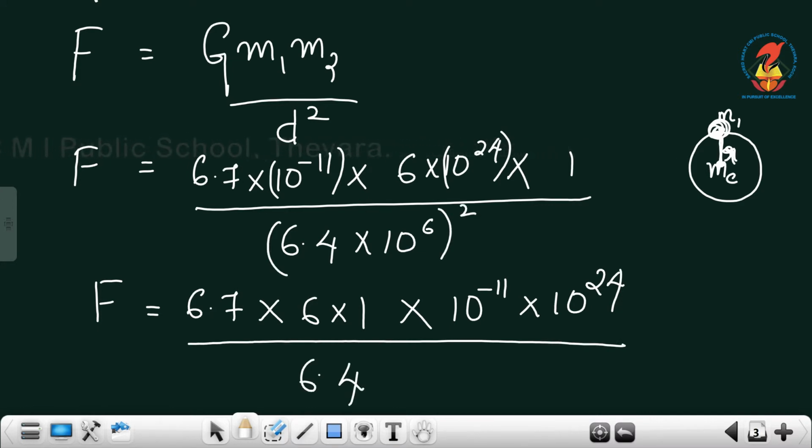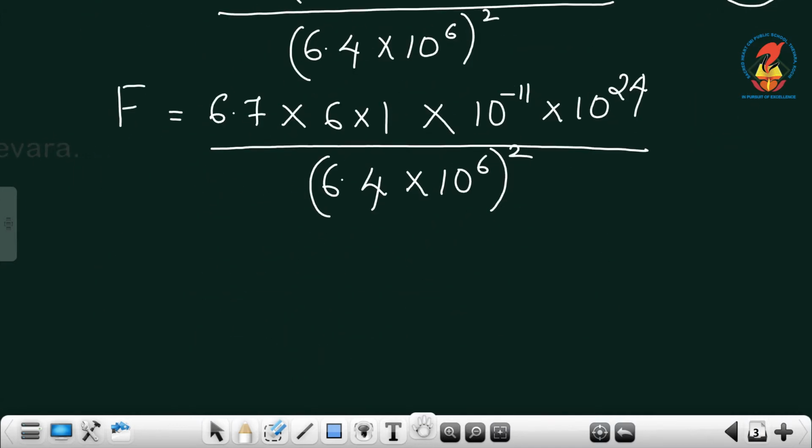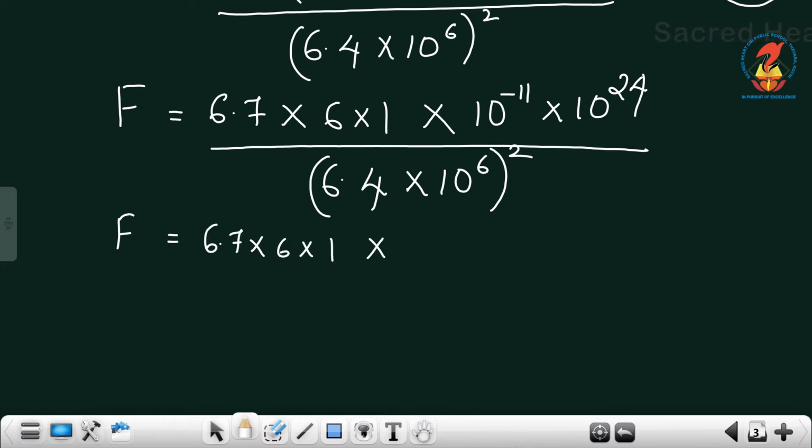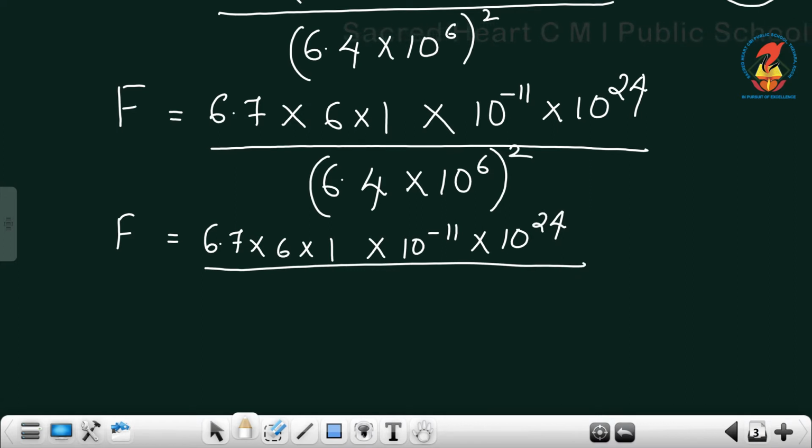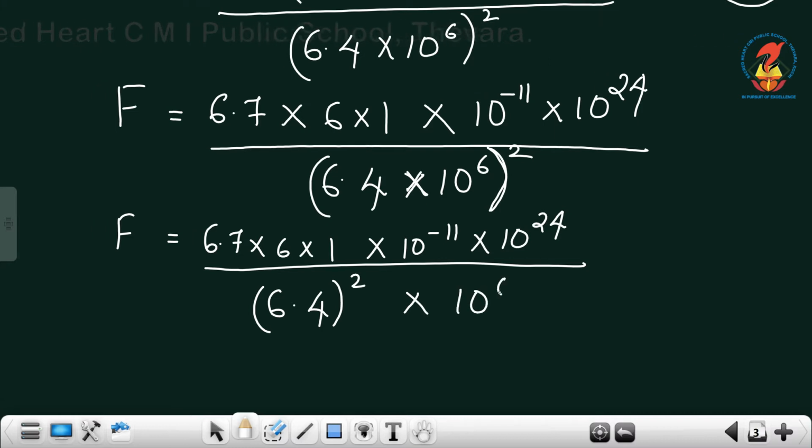It is d square, that is 6.4 into 10 raised to 6 square. Now, F is equal to 6.7 into 6 into 1 into 10 raised to minus 11 into 10 raised to 24 divided by 6.4 into 10 raised to 6 the whole square, means it can be written as 6.4 square into 10 raised to 6 the whole square.